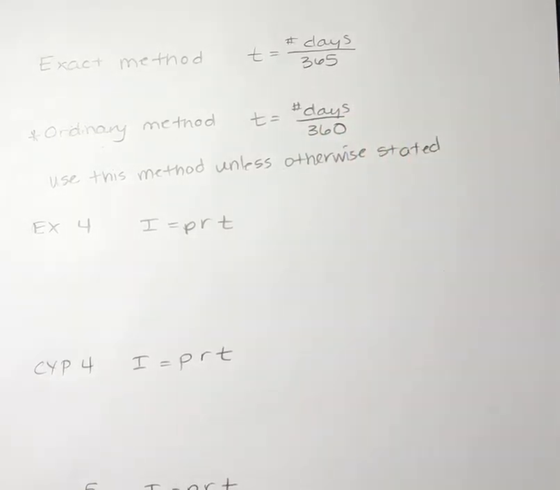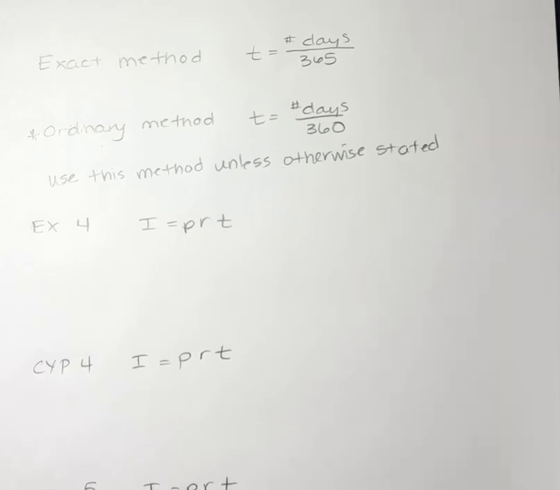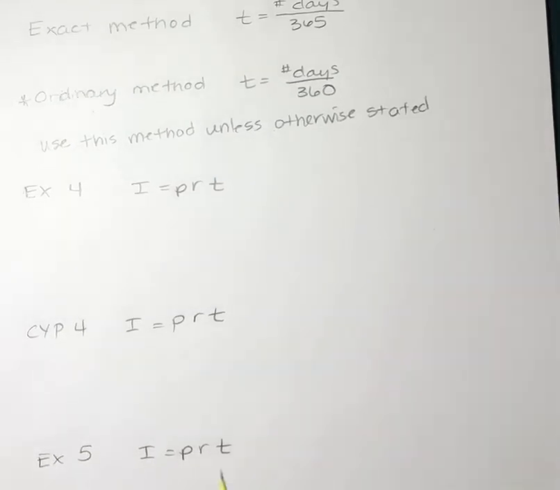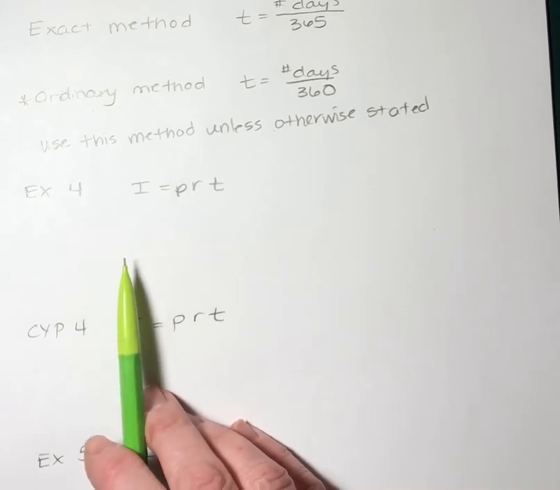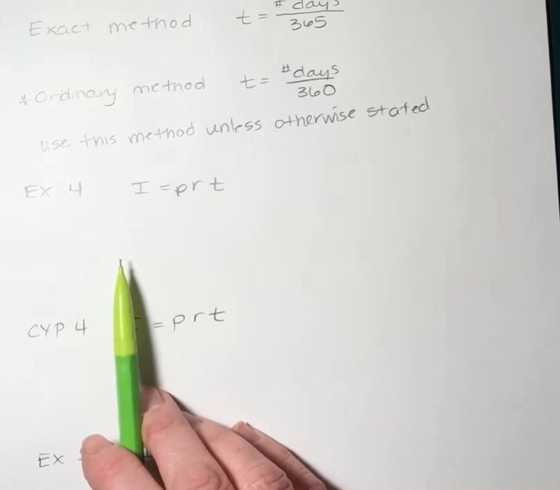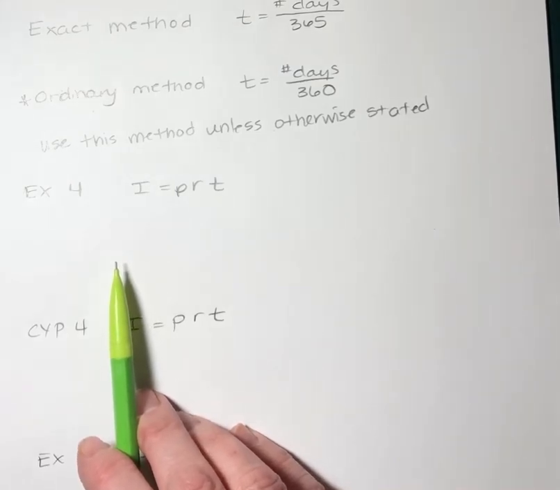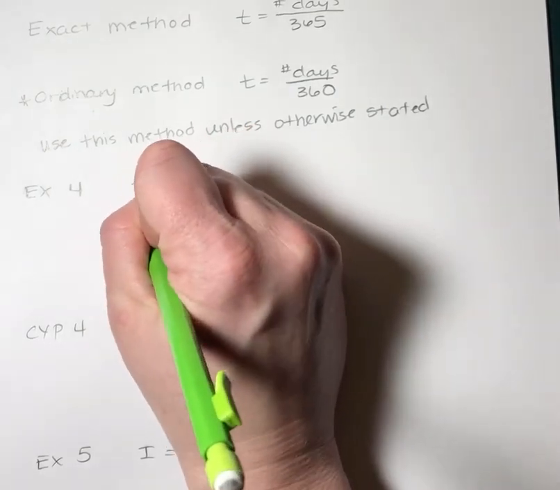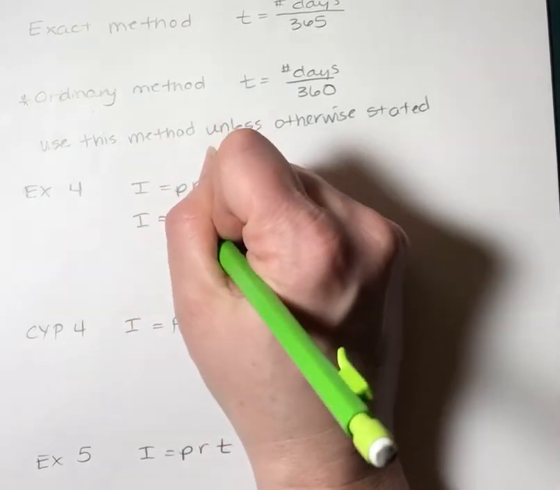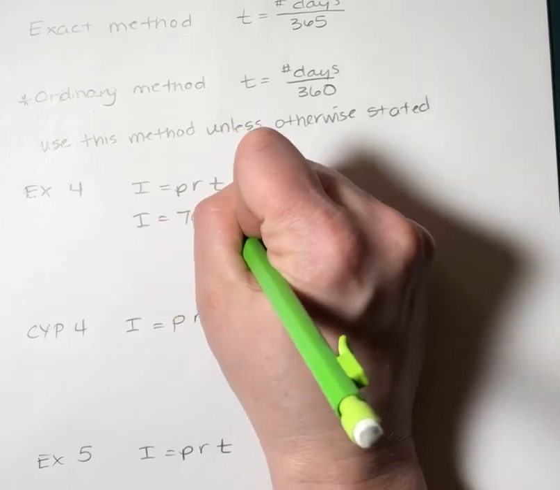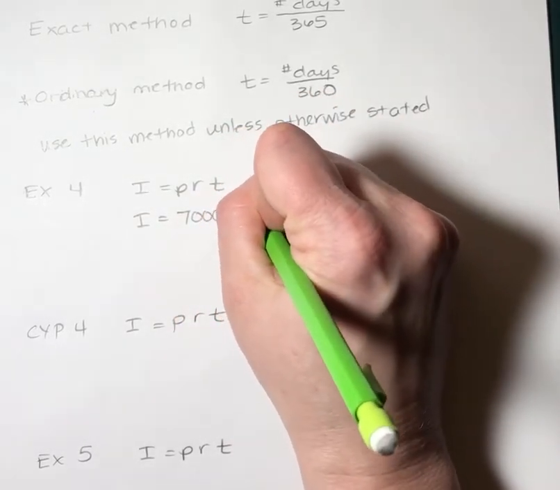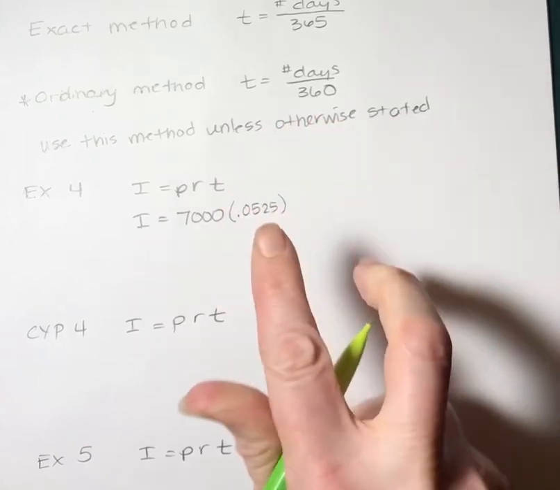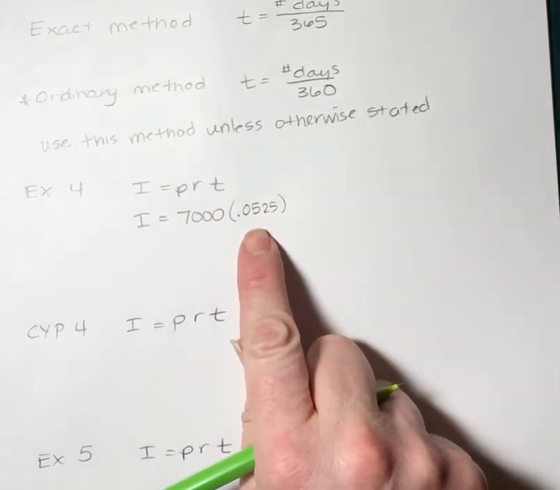Okay. So example 4. Calculate the simple interest due on a 120-day loan of $7,000 if the annual interest is 5.25%. So my loan, my principal was for $7,000. My interest rate is annually 5.25%, so 0.0525.